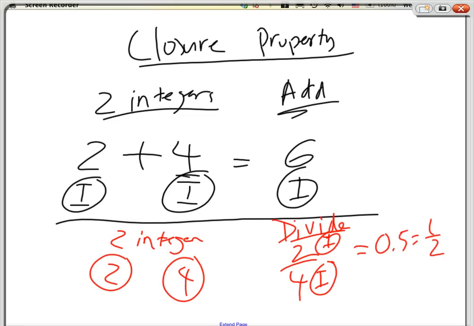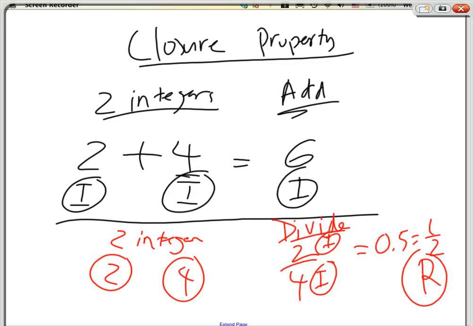Yes. But what type of number is this? A fraction is called what? Rational. Oh, watch what happened. I start with integers, but I end with a fraction.